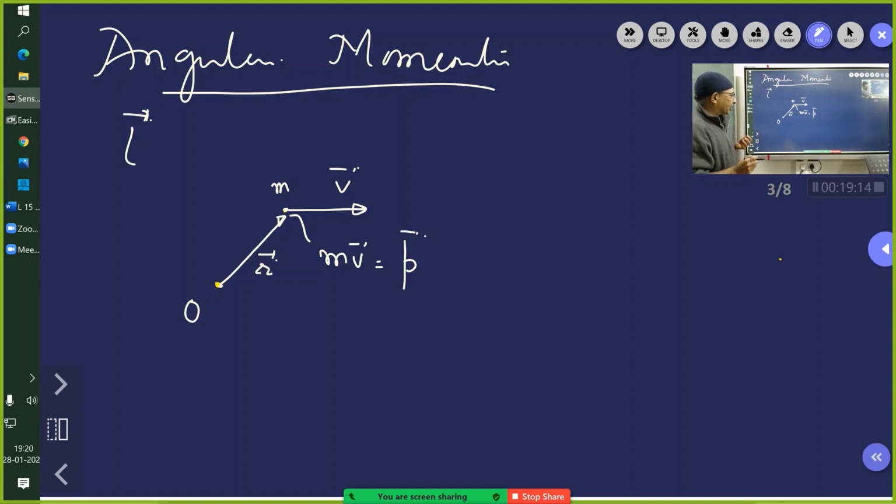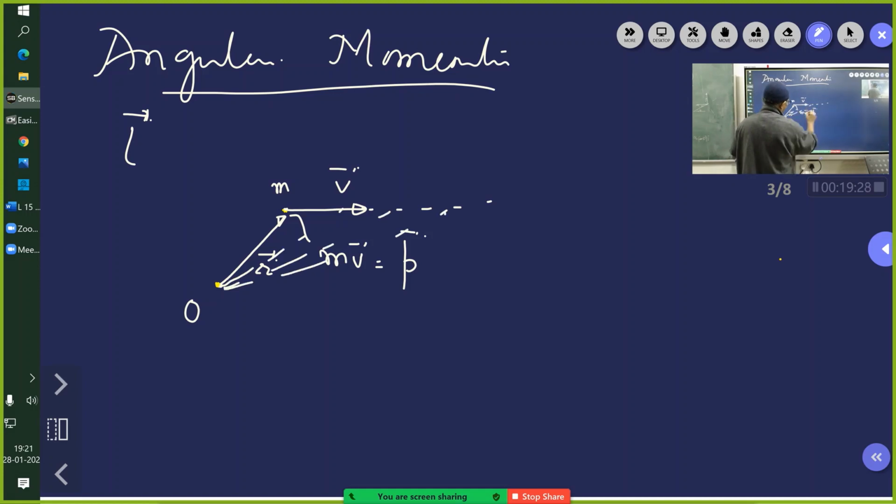Why we define this concept called angular momentum is because this particle is, as you can see, in motion. So this r bar vector that you see here will keep moving as it is tracing the particle. And one more thing we do is we extend this line of action, and then we also draw a perpendicular passing through this point.